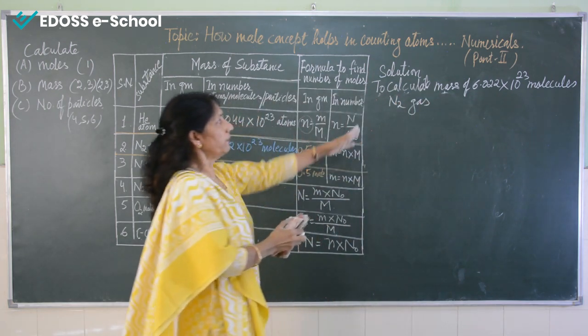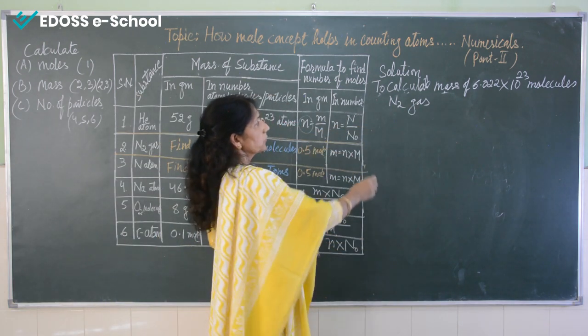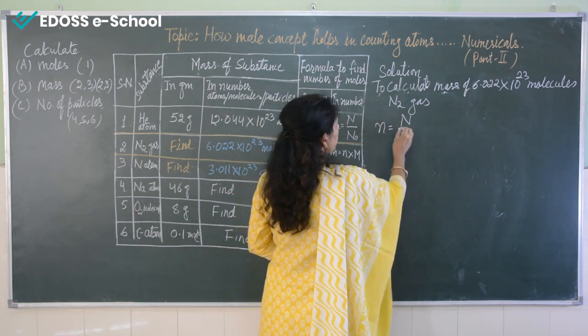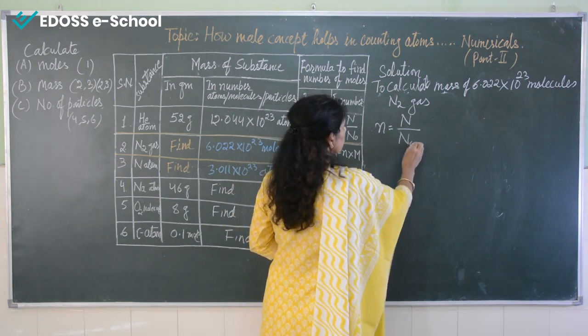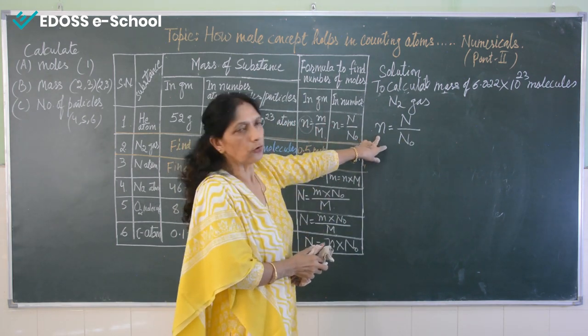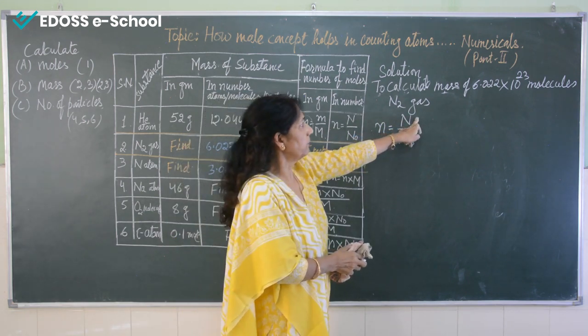Now what we will do here? In this case we will apply, because number of particles are coming, this formula: n is equal to capital N upon Avogadro number. But n we don't know here. Only this is given to us.